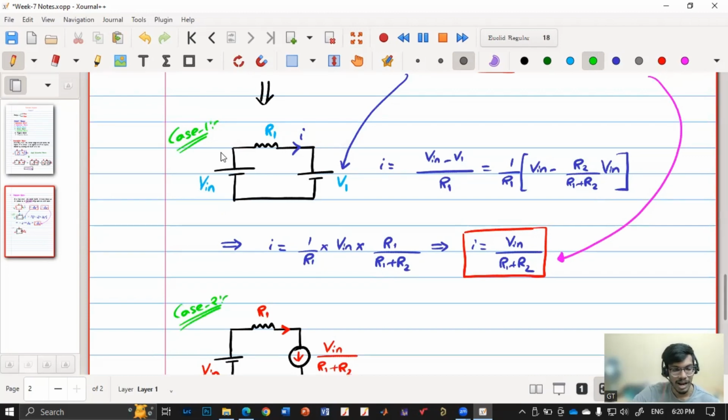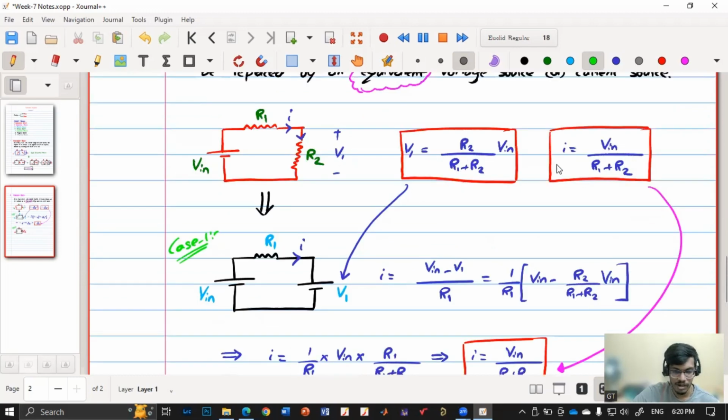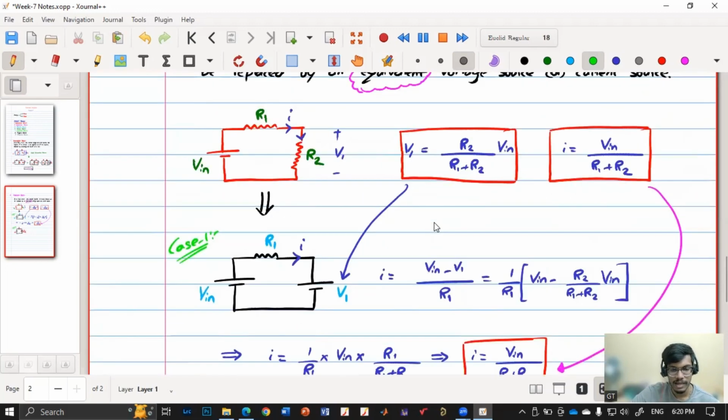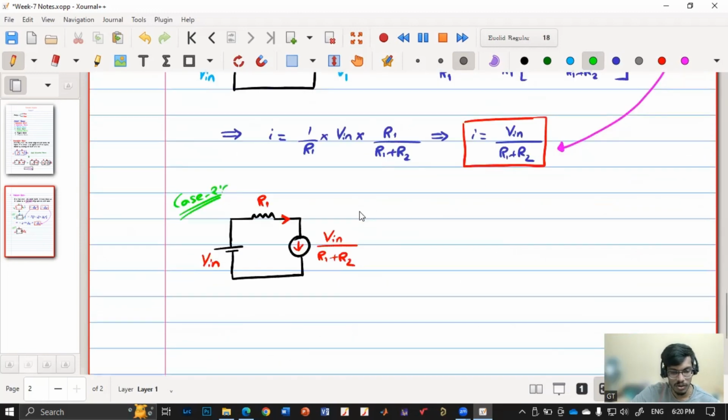When I convert this into an equivalent voltage source, the current is unknown, and I found the current, which exactly matches my earlier values. Now, in the case of the current source, the voltage is unknown, so I will find the voltage across this current source and see whether it matches my earlier expression or not. The objective is to find this voltage. Say this voltage is some V dash.